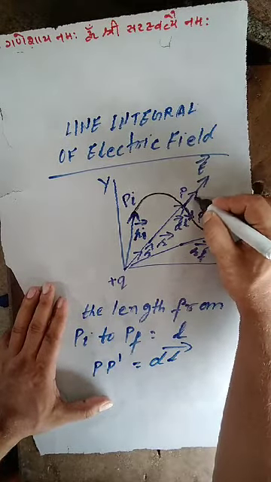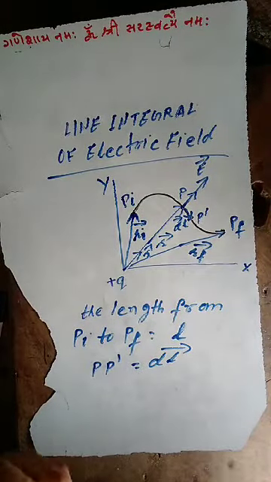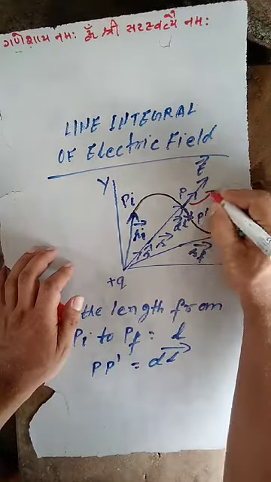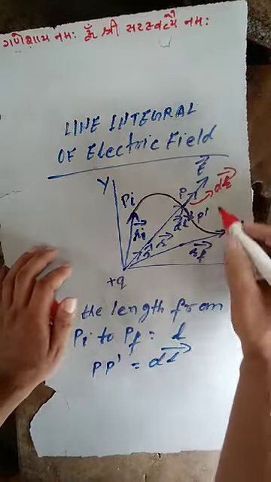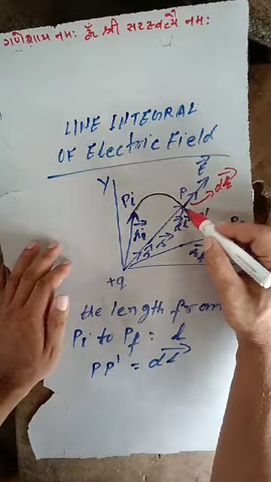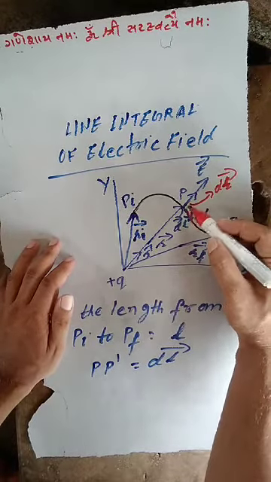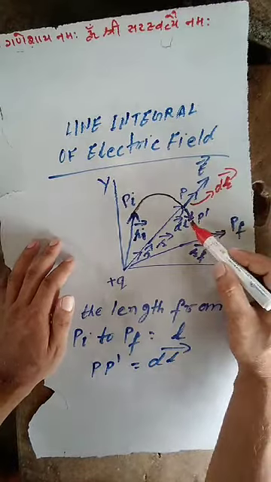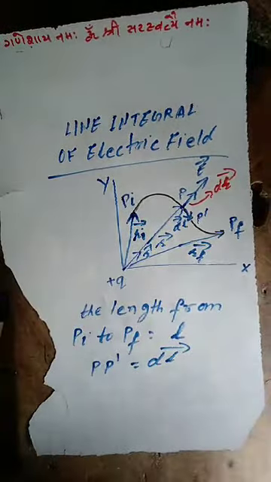Now here the electric field is along this direction, so as dl means infinitesimally small length, likewise suppose this is your dr. This dr is along the electric field, that is small displacement along the electric field, and this dl is small displacement along the path.